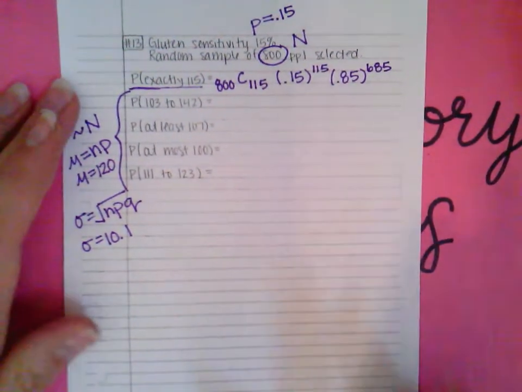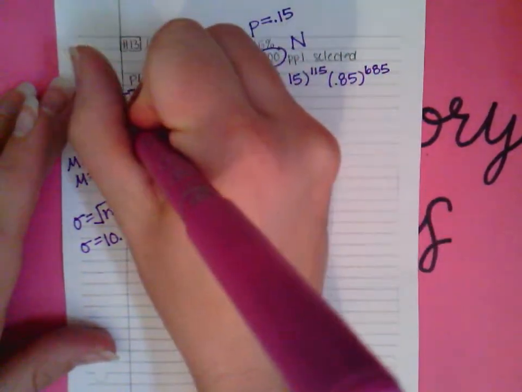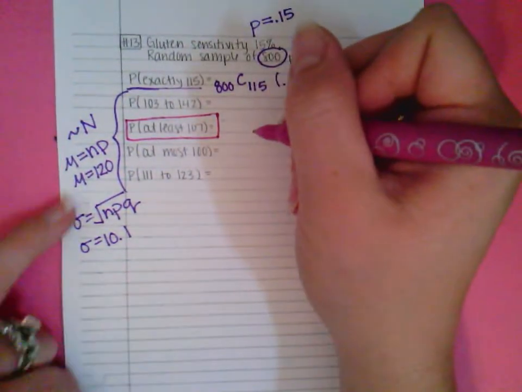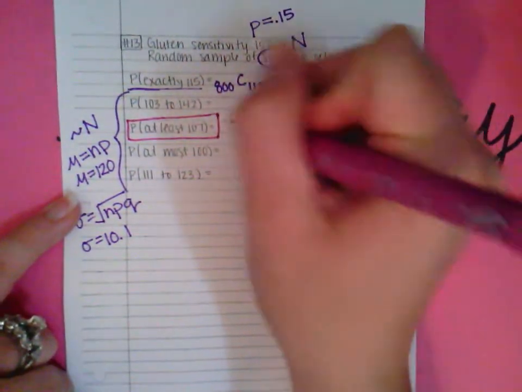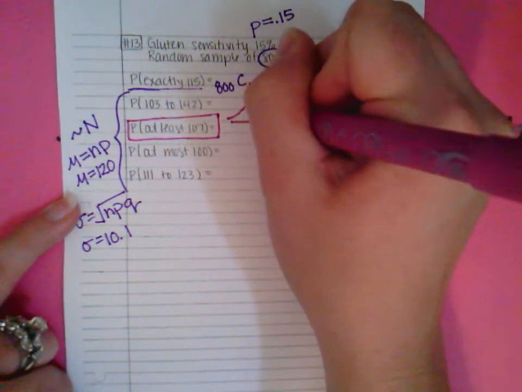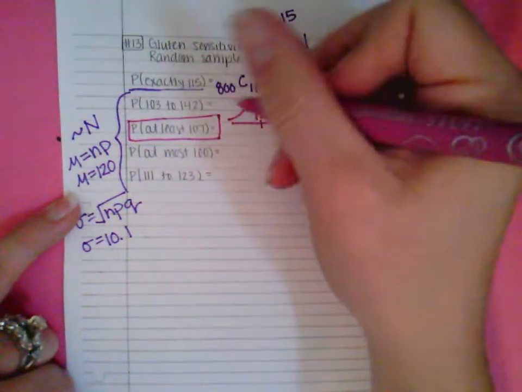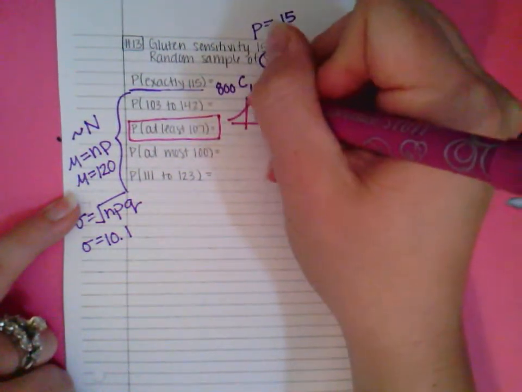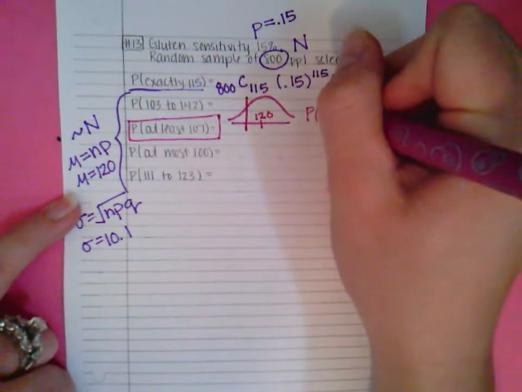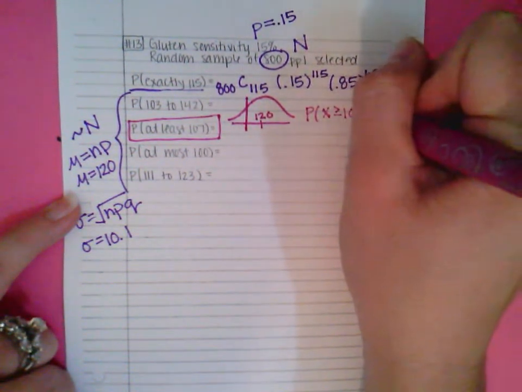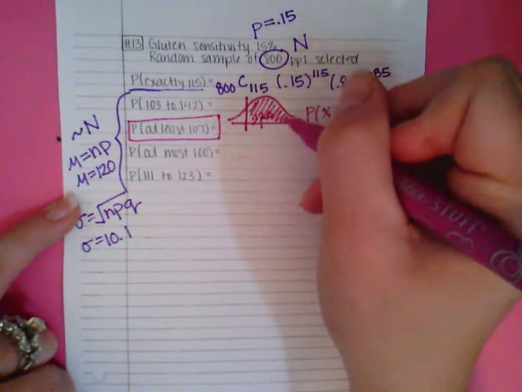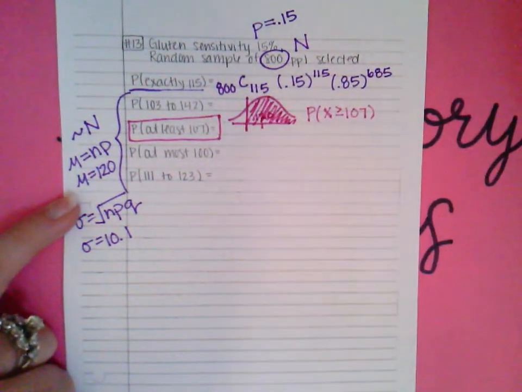So for example, let's do at least 107. My mean is 120, and 107 is going to be over here. I want at least, so the probability that x is at least that, a greater than. When I shade this in, I'm thinking that's definitely going to be a probability greater than 50%.